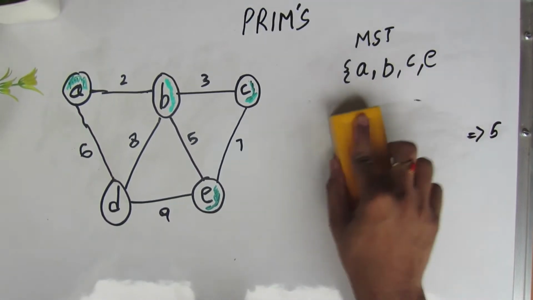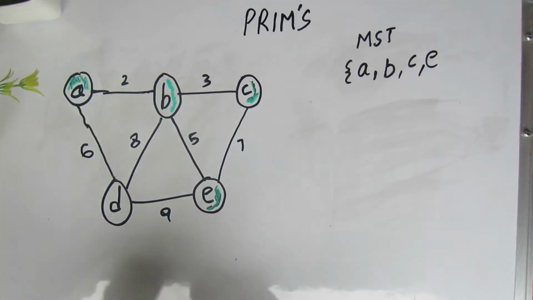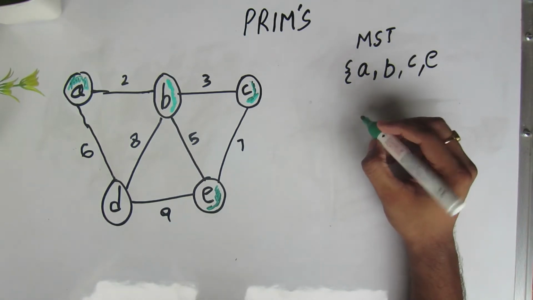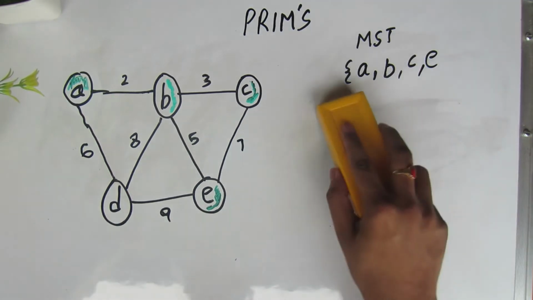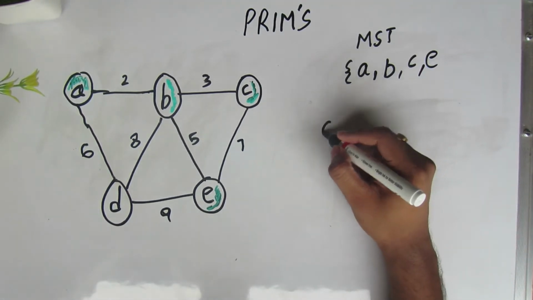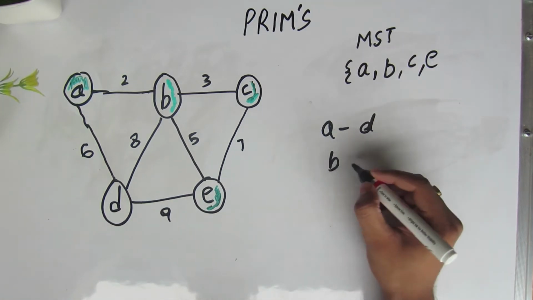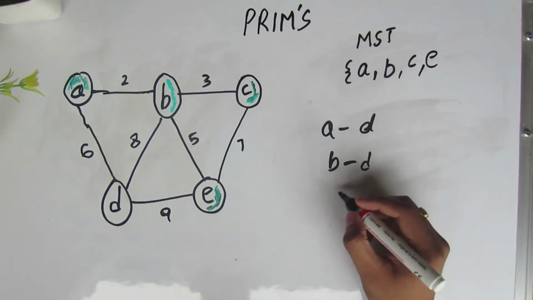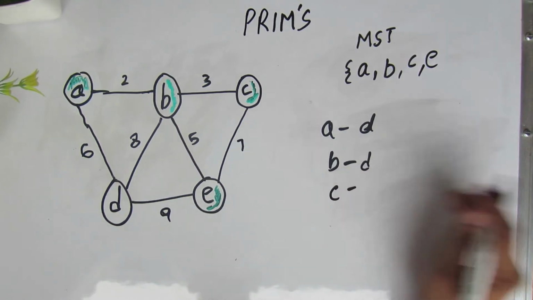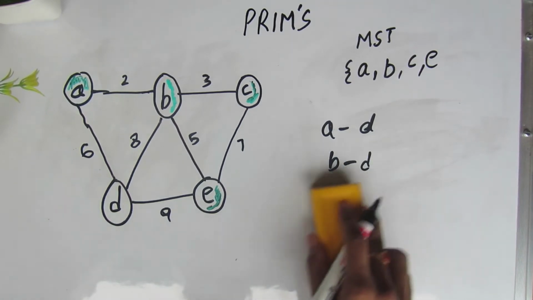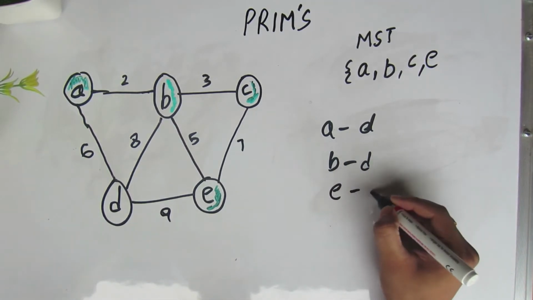This is how the spanning tree will be constructed. The last and only node that is yet to be spanned and added to the minimum spanning tree is D. So let's do that as well. Let's consider all the possible edges: AD, BD, and C doesn't have anything left, and E has ED.